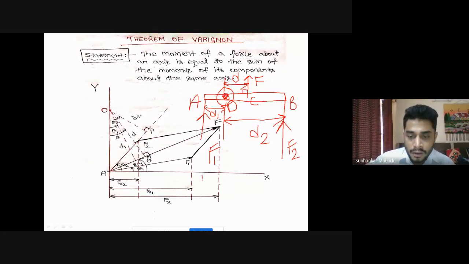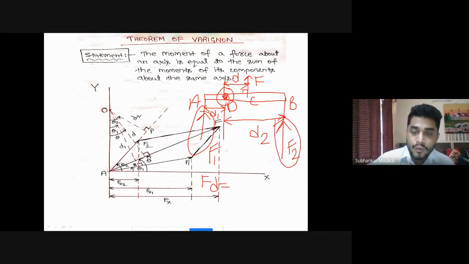So F into d is the moment of the resultant force, and that will be equal to the summation of the moments at the same point by the components of those forces. F has two components, F1 and F2.